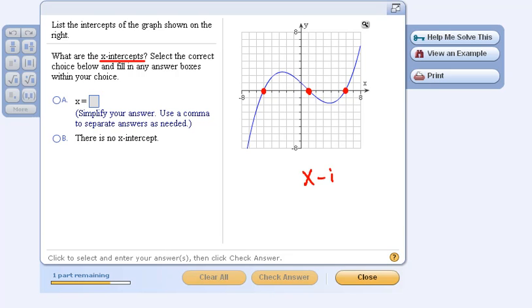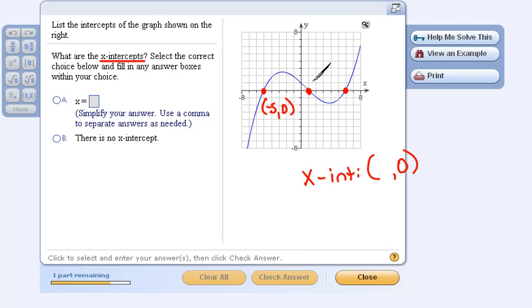Another way that you can look at x-intercepts is that if you have an equation, every single x-intercept has a y value of 0. And that is because every point along the x-axis has a y value of 0. For instance, this point right here would be the point negative 5, 0.